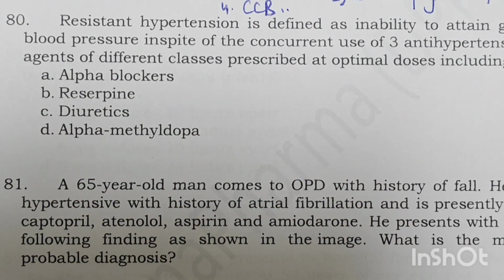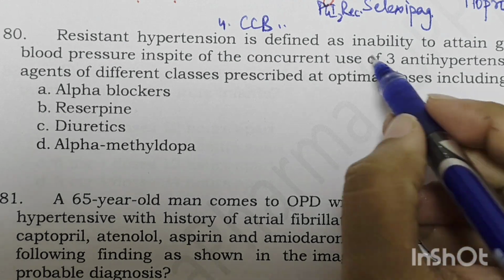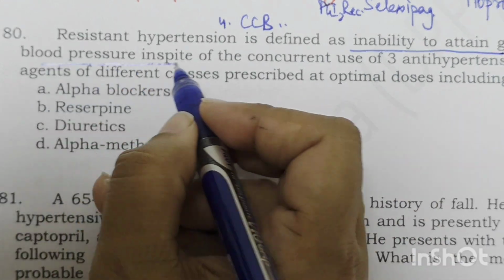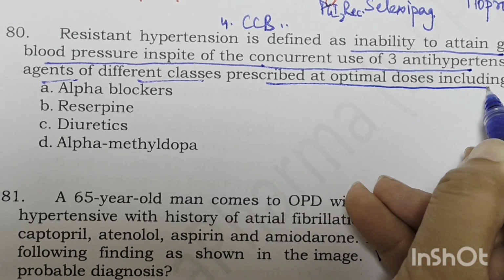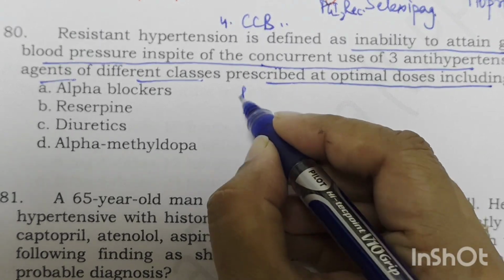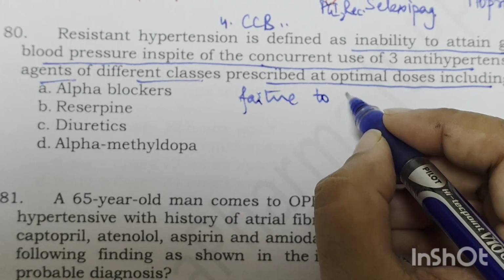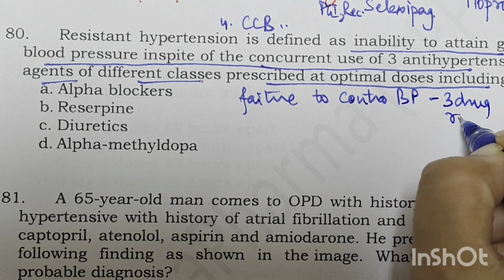Next, resistant hypertension is defined as inability to attain goal blood pressure in spite of concurrent use of 3 antihypertensive agents of different classes prescribed at optimal doses. So resistant hypertension means failure to control blood pressure in a 3-drug regimen.